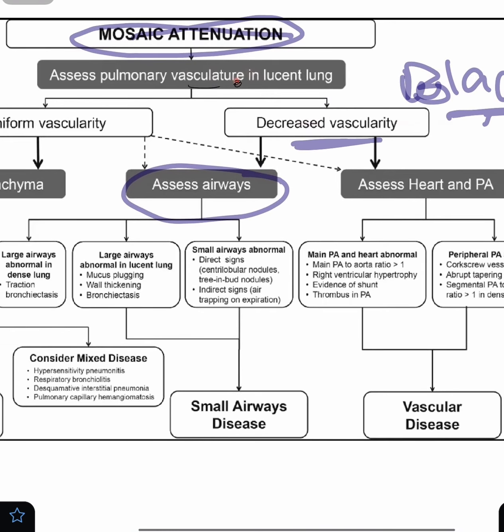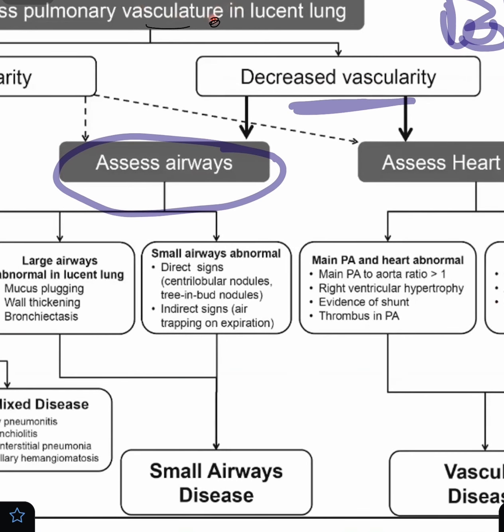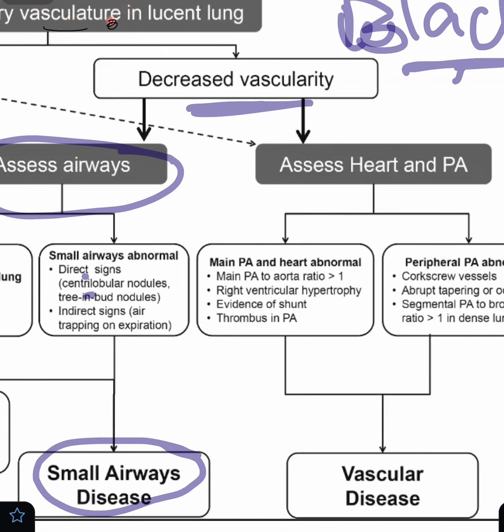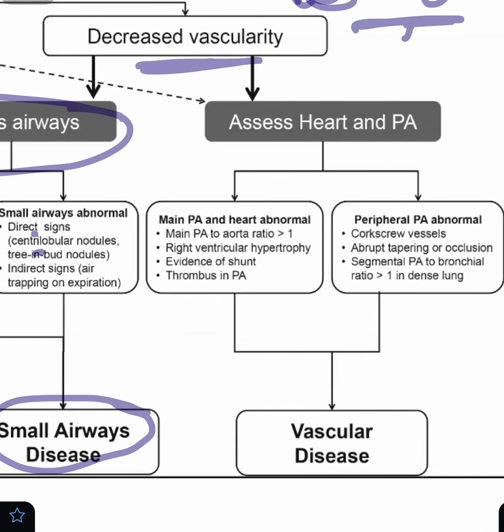If there is any sign of a small airway abnormality, like direct signs, centrilobular nodules, tree-in-bud nodules, indirect signs like air trapping on expiration, then you know this is a small airway disease. If not, then it could be vascular disease, and find out how the heart is doing, how the peripheral vessels are doing, and if they are abnormal, this is the vascular disease.